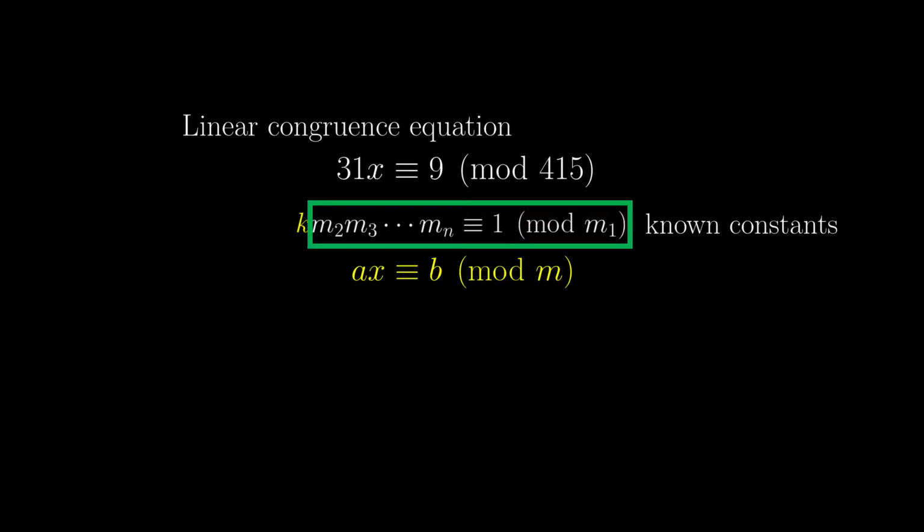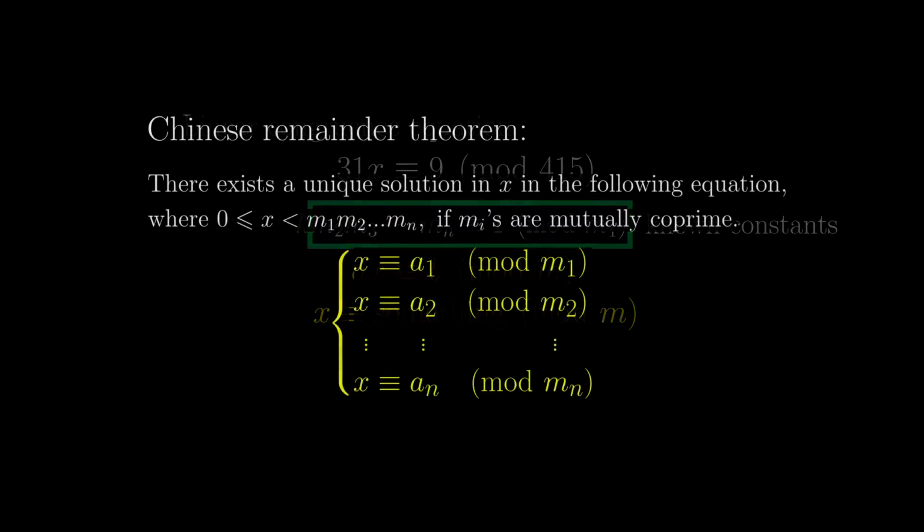You would expect that the answer is x congruent to something modulo m, but we know that we cannot directly divide by a on both sides due to reasons that you have seen before. The more frustrating thing is that we know that a solution must exist so long as all the m's are mutually coprime, and we don't know how to obtain the solution. So what should we do?